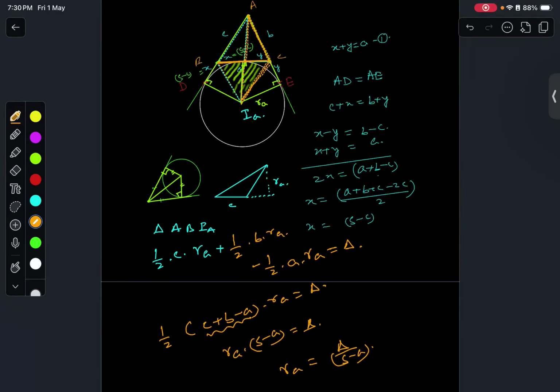So this is the formula for RA. I'll request everyone, please switch on your cameras. Keep your cameras on.